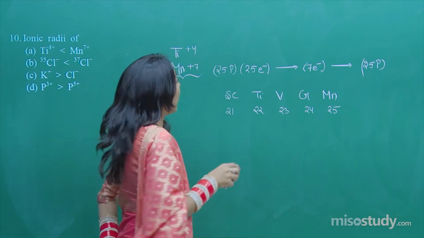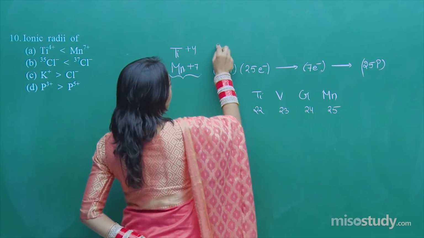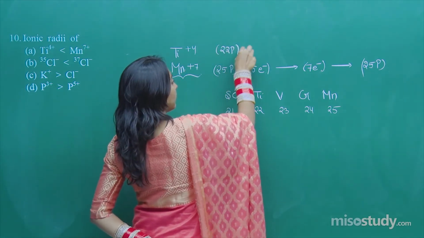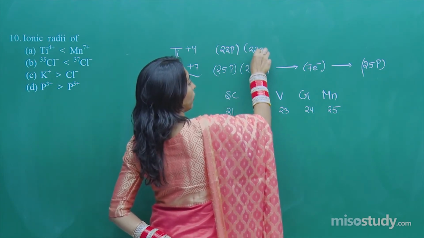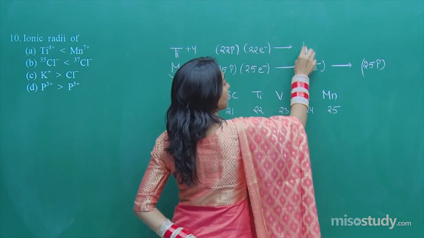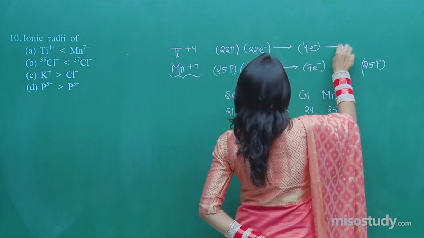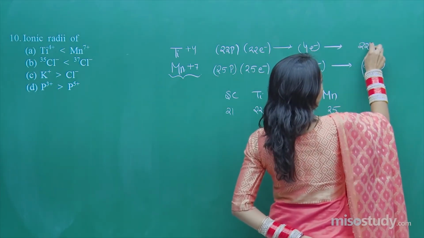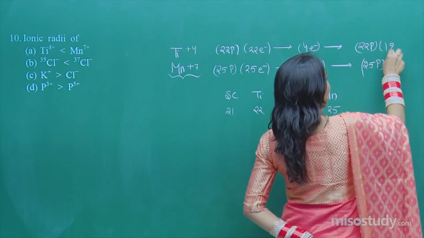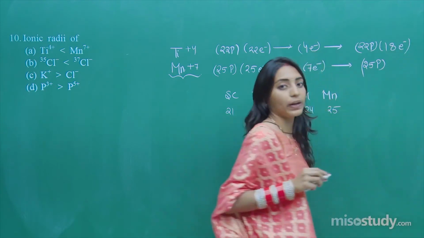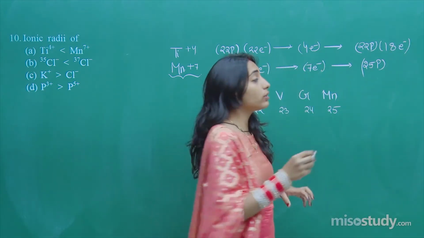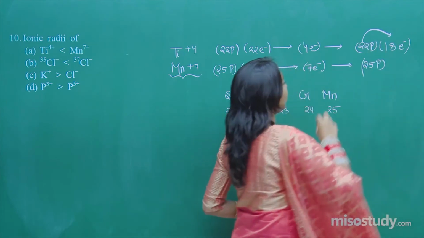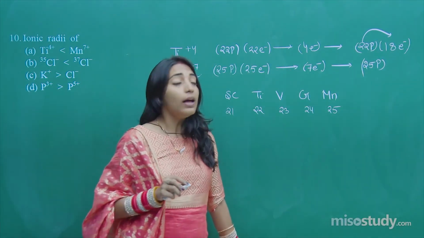And in the case of titanium, it was having 22 protons and 22 electrons, out of which it lost 4 electrons, and now it is having 22 protons and 18 electrons. So 22 protons will be holding a total of 18 electrons, right?